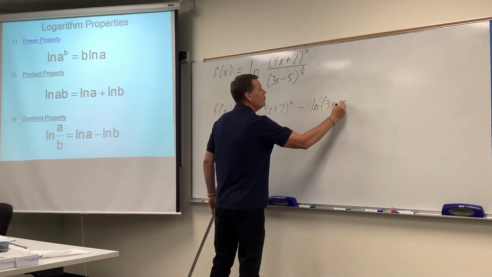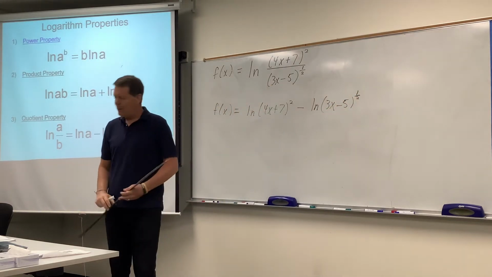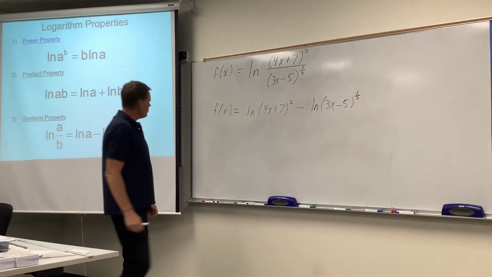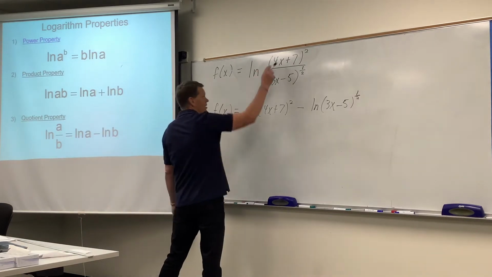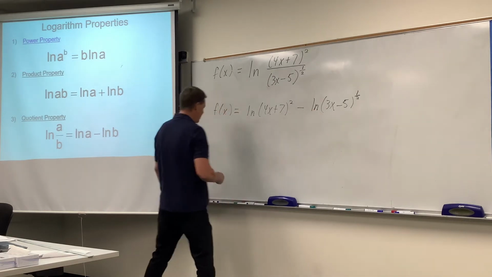This really simplifies the derivative process if we recognize this. So, we have the natural log of a fraction, a quotient, natural log of numerator minus natural log of denominator.